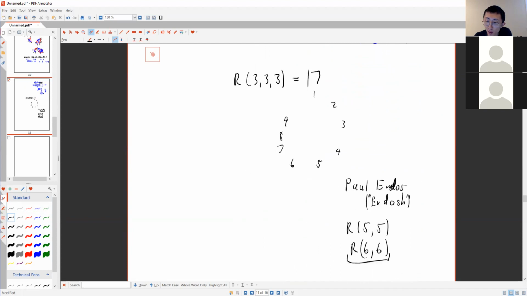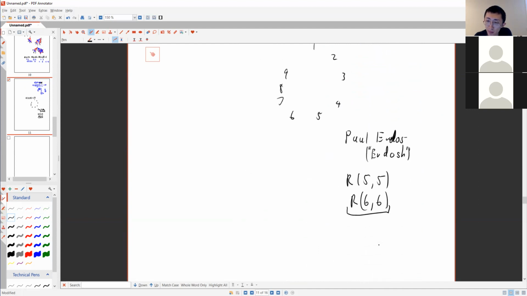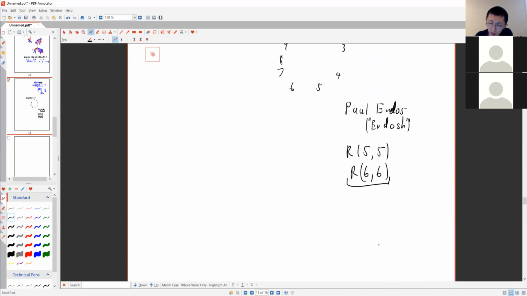And that's what a lot of Ramsey theory is about. Another one is: if you color the numbers 1, 2, 3, 4, 5, 6, 7, 8, can you color them in a way so that there are no 3 of the same color in arithmetic progression? And then the same question if you have 9 numbers.